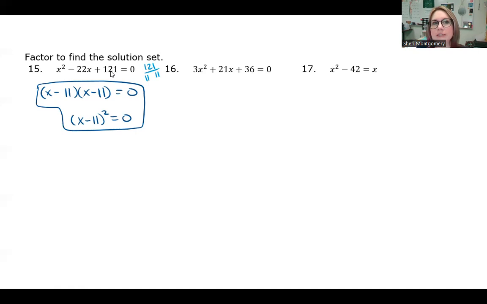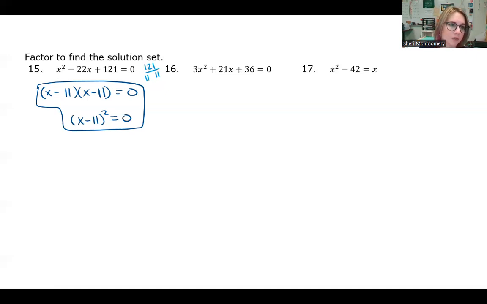For question 16, can I fast factor? Fast factor means leading coefficient is 1. That's a no. So I'm going to see if I can divide out the 3. Are they all divisible by 3?